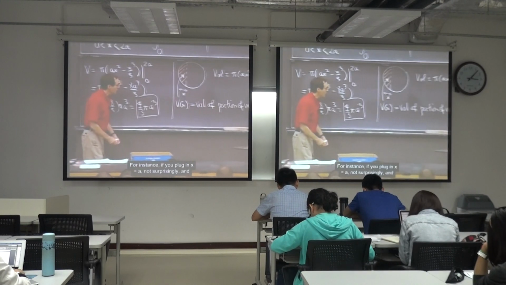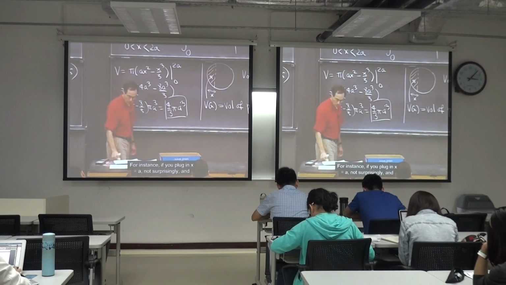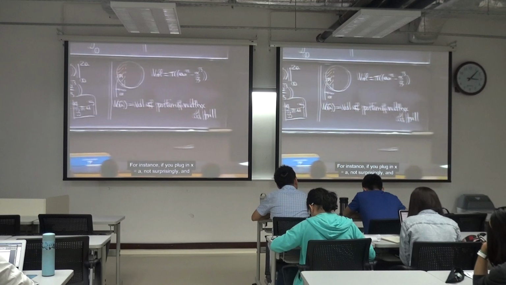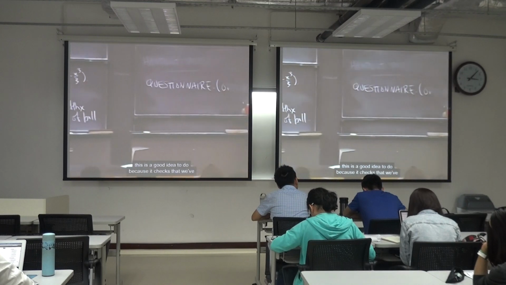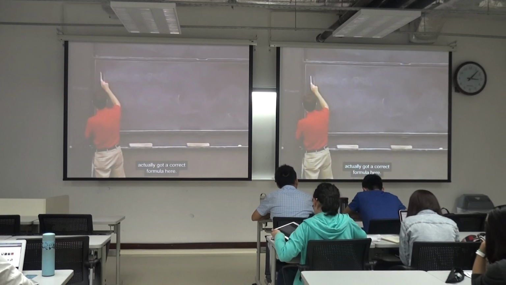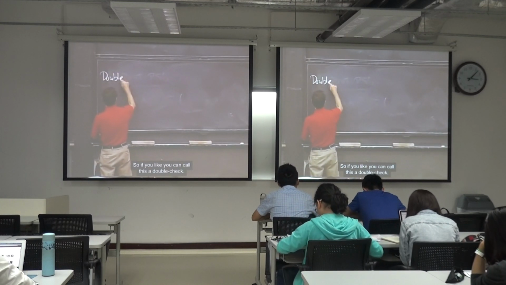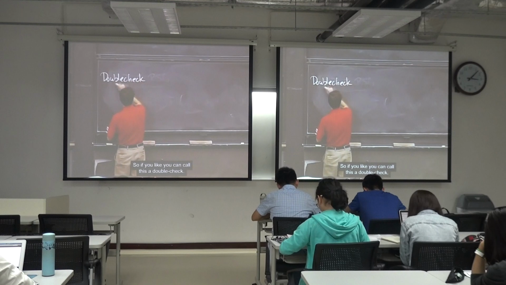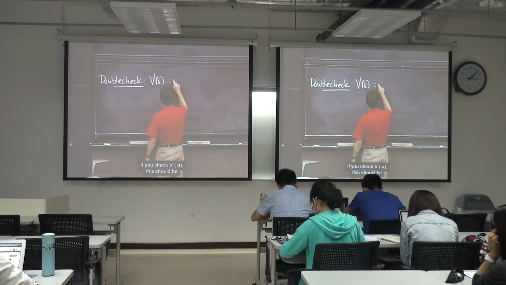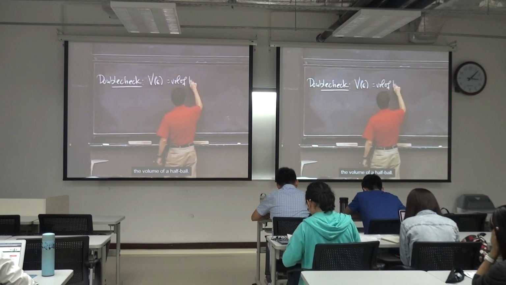For instance, if you plug in x equals a, not surprisingly, and this is a good idea to do because it checks that we've actually got a correct formula here. So if you like, you can call this a double check. If you check V of a, this should be the volume of a half ball.